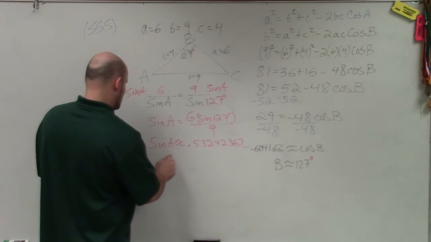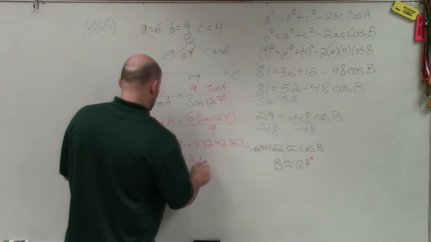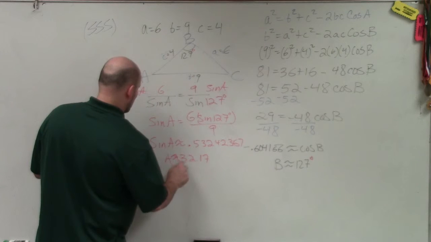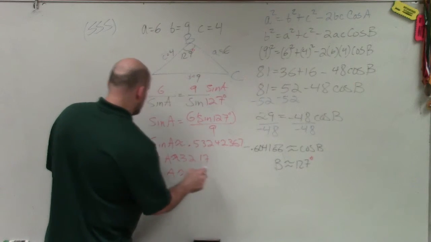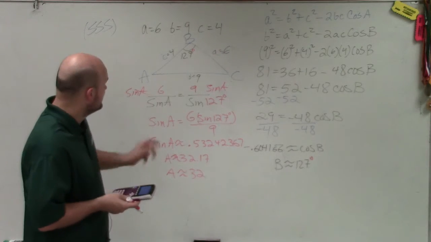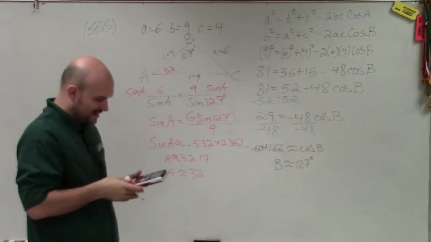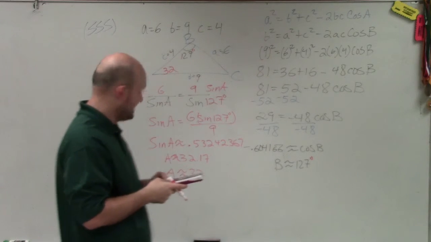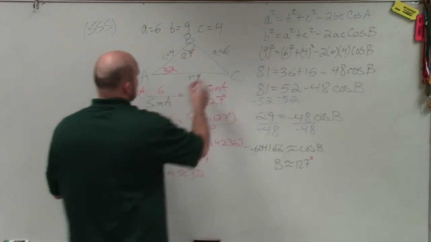And I get 32.17. Again, I'm just going to approximate that as A is going to be approximately 32 degrees as I round down. So therefore, A is now 32. And then I can now do 180 degrees minus 127 minus 32. And that's going to leave me with 21.